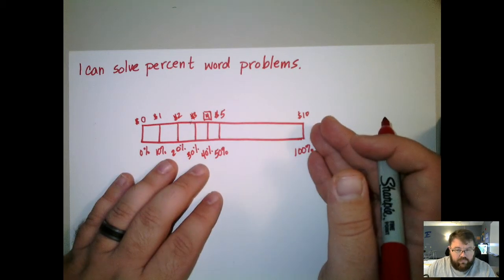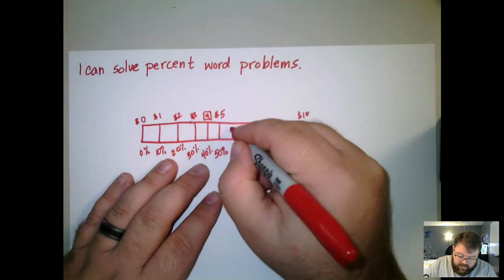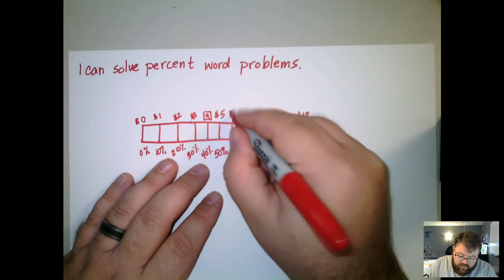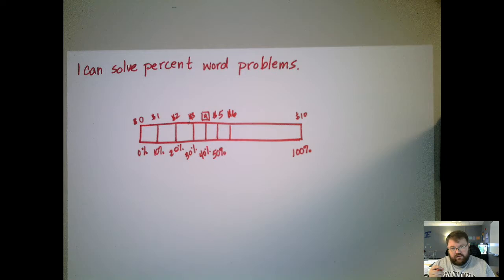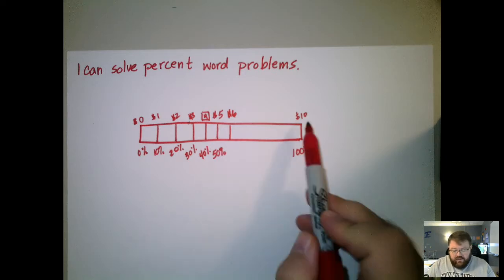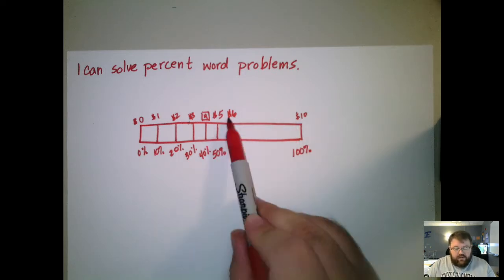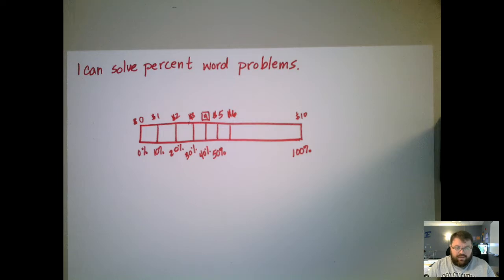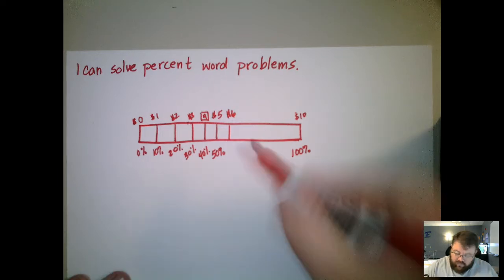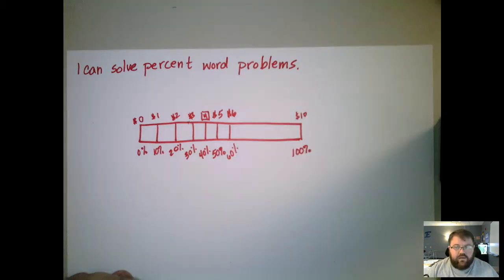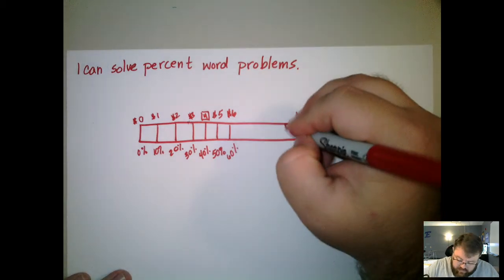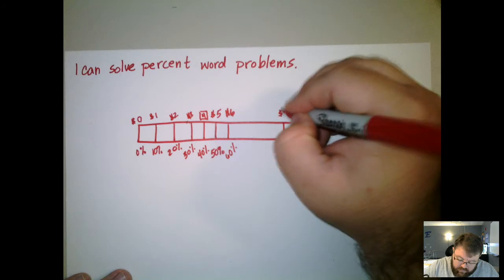Okay? Next, if I said $6, what percent of 10 is 6? Hopefully you said 60%. Let's say that I jump up here and do $9.